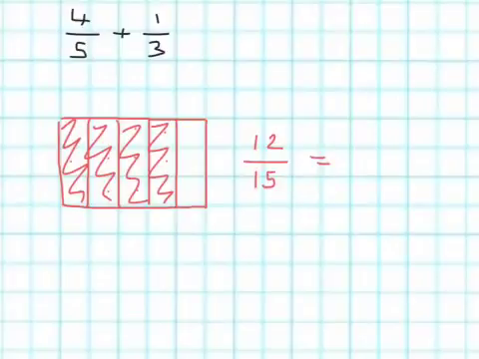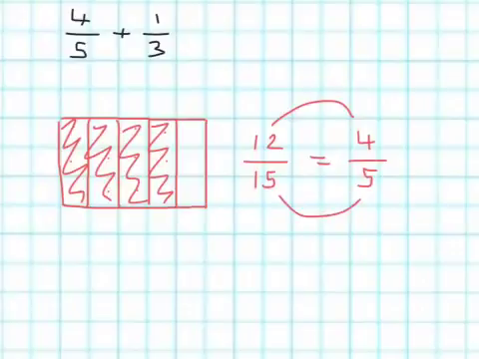We can check that by going back to our fraction, and if we see, well, 4 multiplied by 3 would make 12, and 5 multiplied by 3 would make 15. So we've done the same to the denominator as the numerator. So 12/15 is equivalent to 4/5.